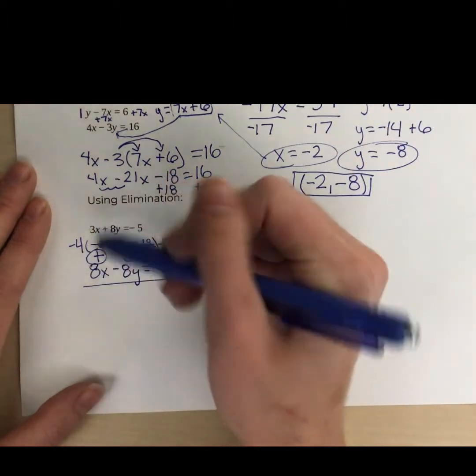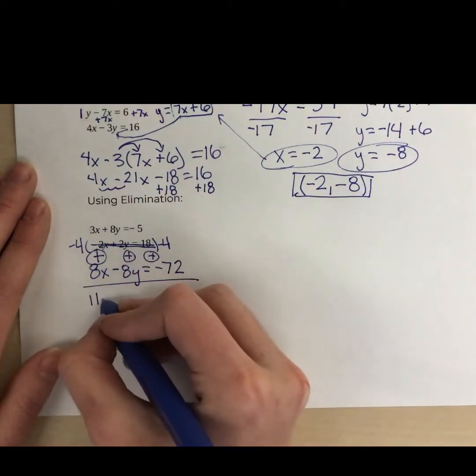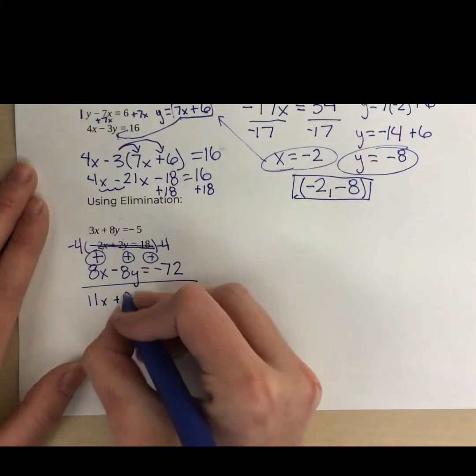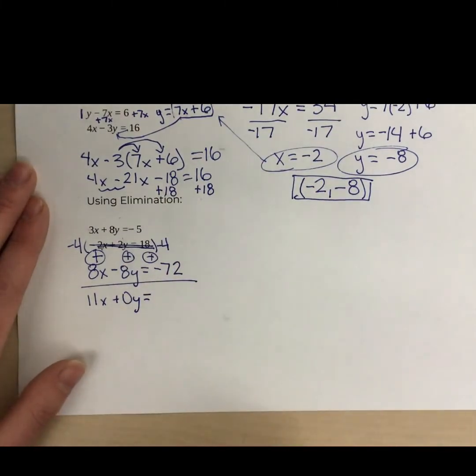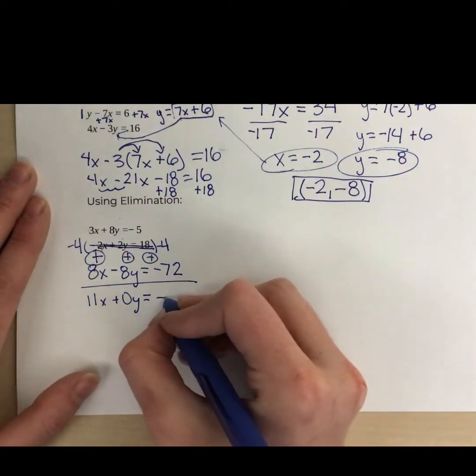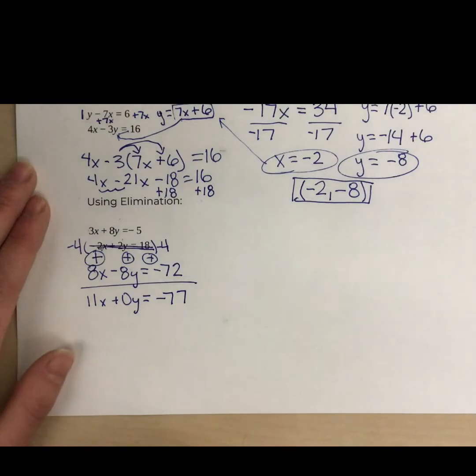Well, if I'm adding my x's together, I would get 11x. I purposely made this so that I would get 0 y's, and that does check out. And -5 plus a -72 would give me -77.